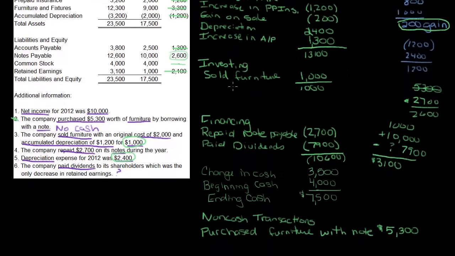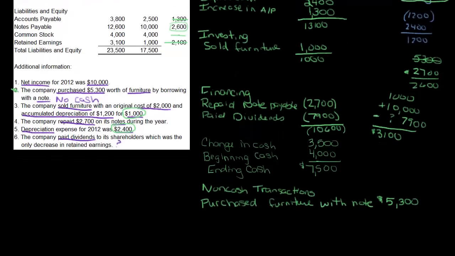My investing section deals with items that a company purchases and sells, okay, in order to invest in themselves. So we've got the sale of furniture here of $1,000. Then the financing section, financing is long-term liabilities and equity transactions. So I've got my repayment of my note and paid dividends.